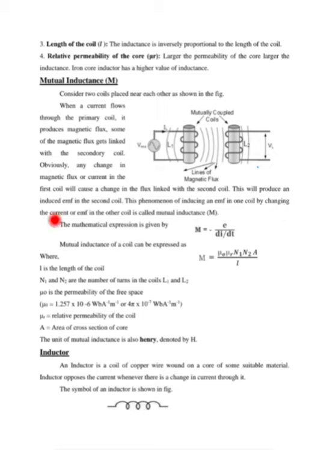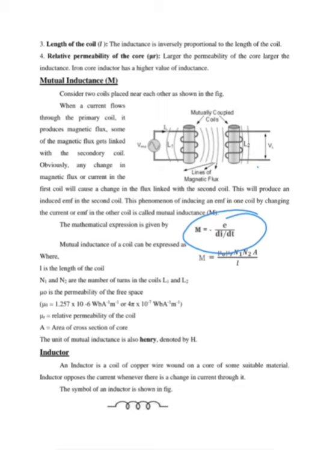This will produce an induced EMF in the second coil. This phenomenon of inducing an EMF in one coil by changing the current in the other coil is called mutual induction. And the expression is given by M = -E/(di/dt), where M is called the mutual inductance.